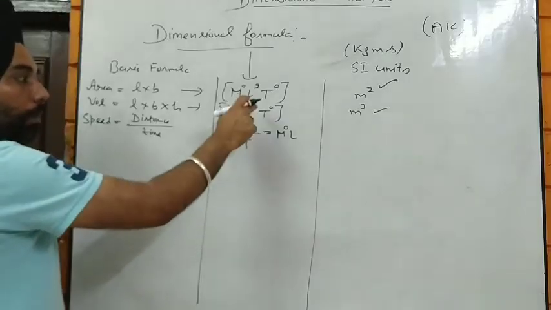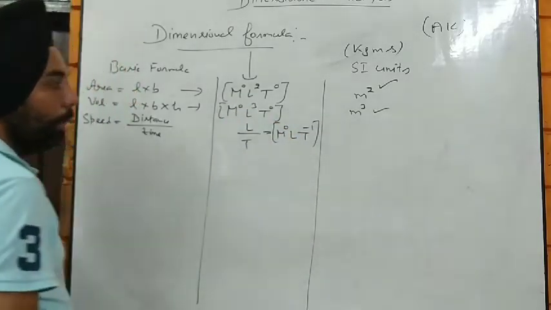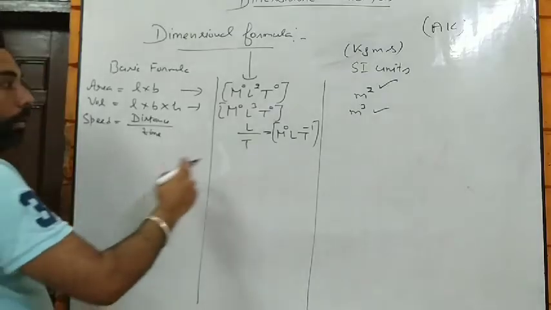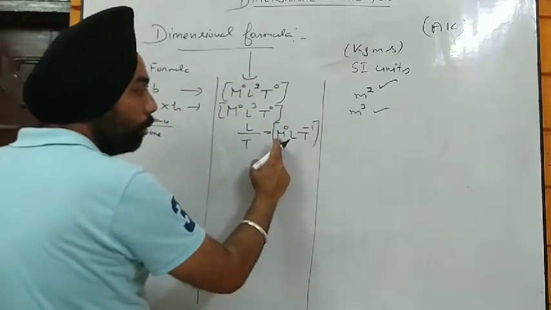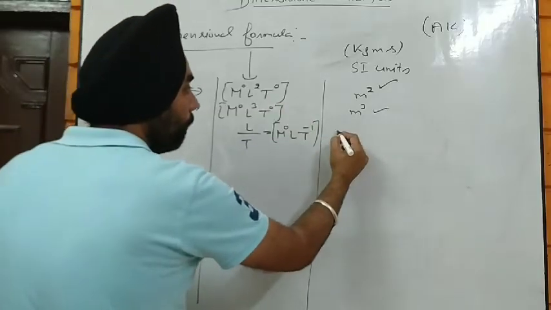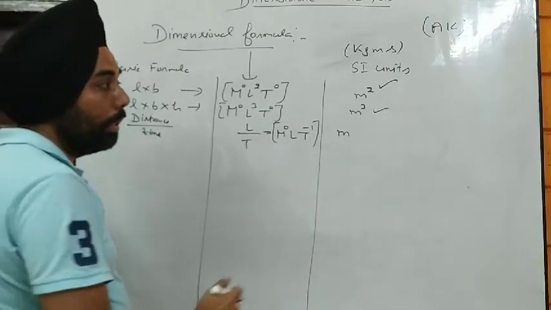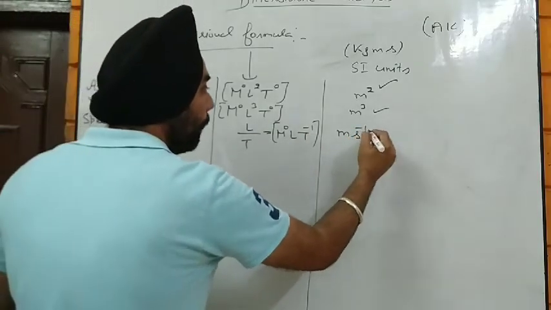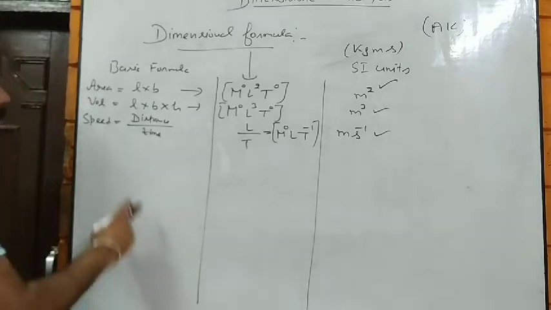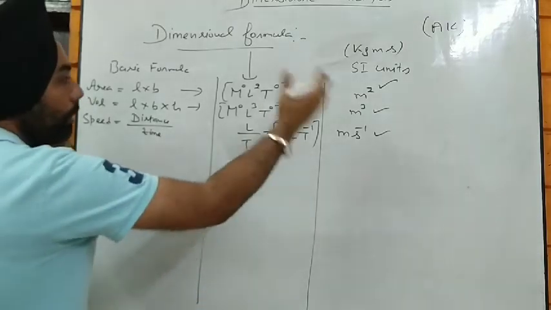Now T is having the power of -1. So that is going to be the dimensional formula for speed. Now the units are, there is no mass, so kilogram is having no power. Length is having 1 power, which means meter. Now time is having 1 negative power, which means meter per second is going to be the units for speed. Speed and velocity are having same dimensional formula and same units.